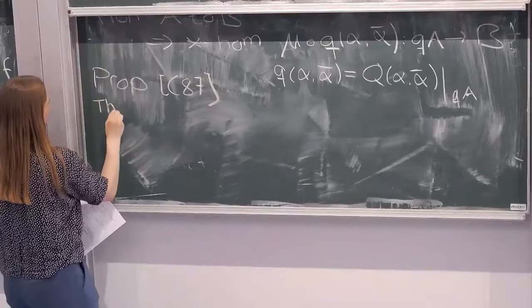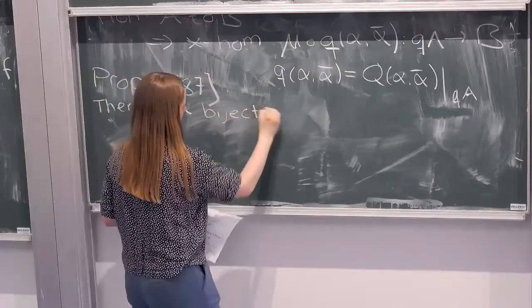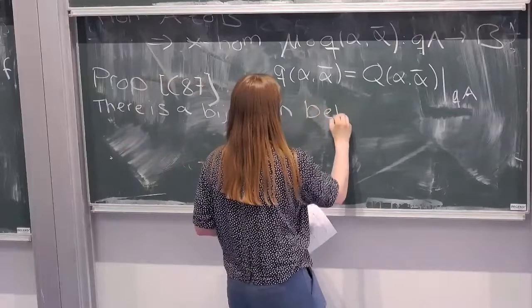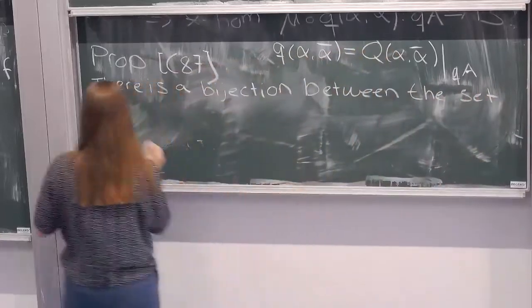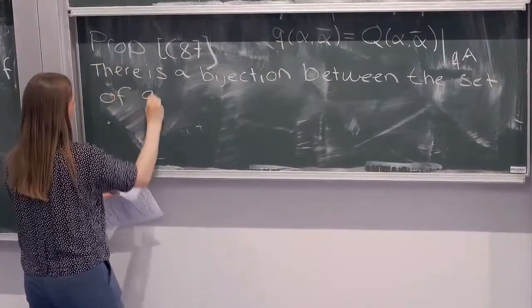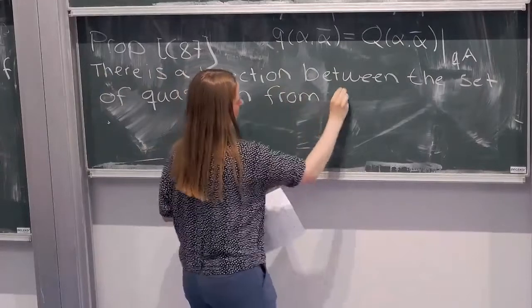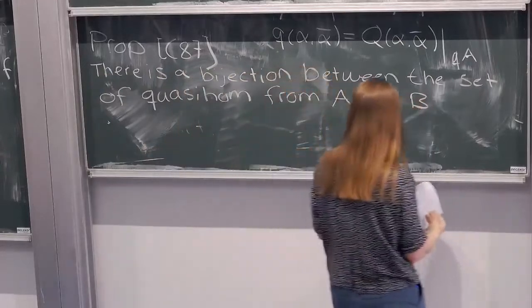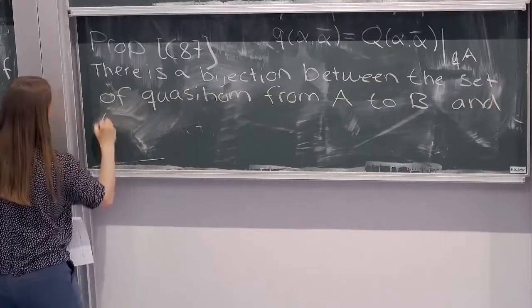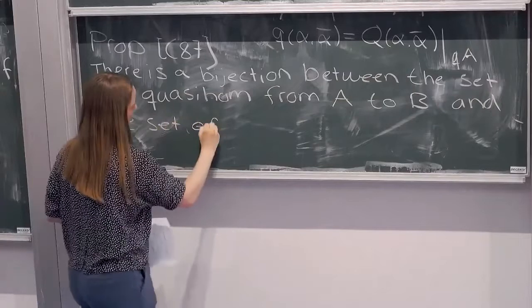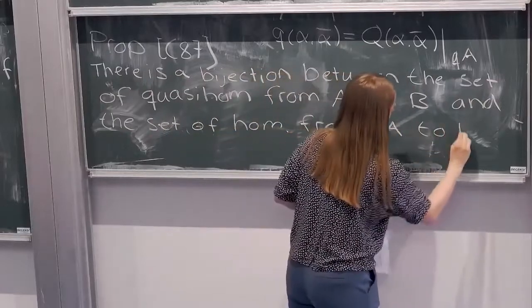He proved that there is a bijection between the set of quasi-homomorphisms from A to B and the set of homomorphisms from QA to B.